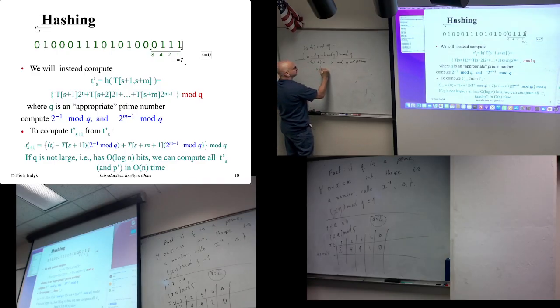And notations: T of S was a number, just the number 101, the string 110, etc., the binary number that is represented. T prime of S is just my shorthand for H of T of S: take this number and compute it modulo q. And similarly, P prime, you guessed, is just H of P.